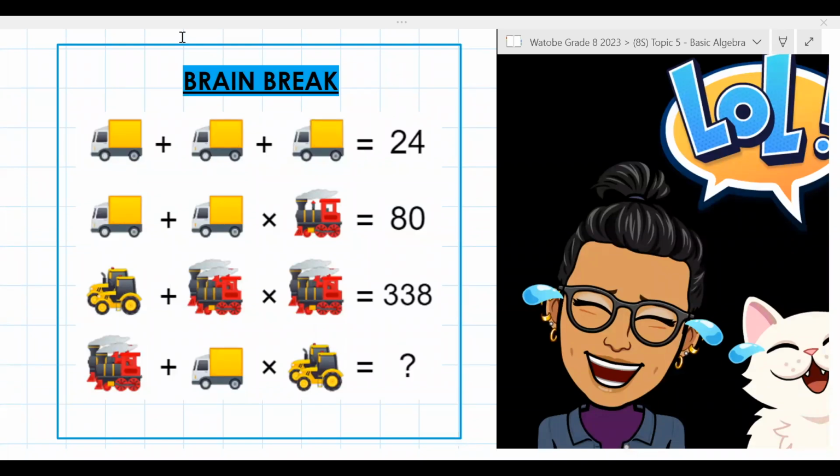Whoa, well done, Boitu. Guys, Boitu got it. Boitu, you can raise your hand so you can explain to the whole class how you got it. Well done, Boitu. Wow, that was so fast and quick. Boitu, do you want to raise your hand so you can explain how did you get 130?